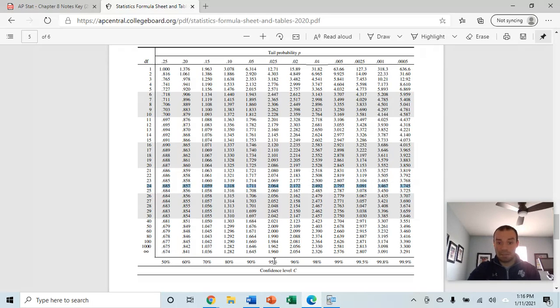I'd go to 95% confidence down below, find my way upwards to degrees of freedom 24, and I get my t critical value of 2.064. Notice the corresponding z critical value is 1.960. What I also want you to notice is as your degrees of freedom increases, aka as your sample size increases, your t critical value approaches the z critical value.